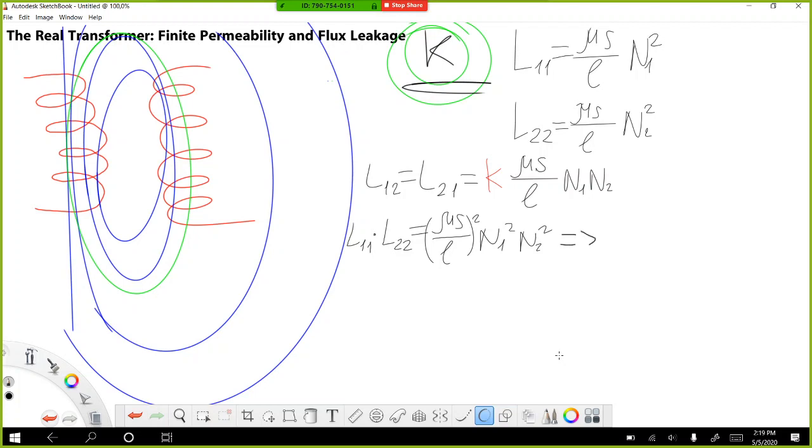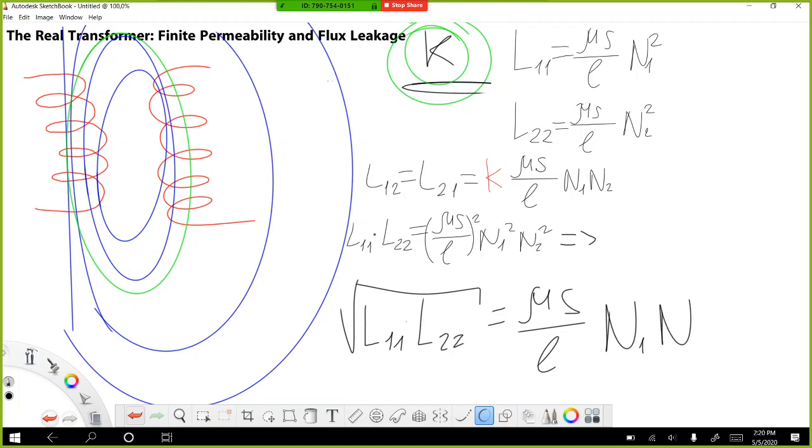From this we can write that the square root of L11 multiplied by L22 is equal to mu s over L n1 n2. You can see this expression is the expression for mutual inductance that we have seen for the ideal transformer.